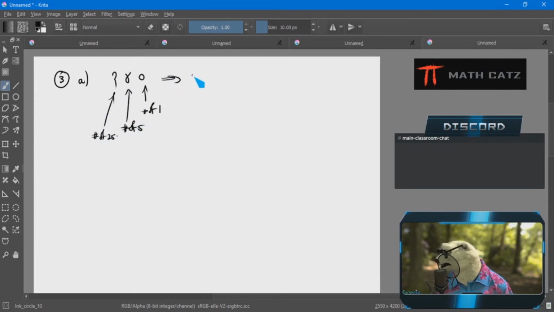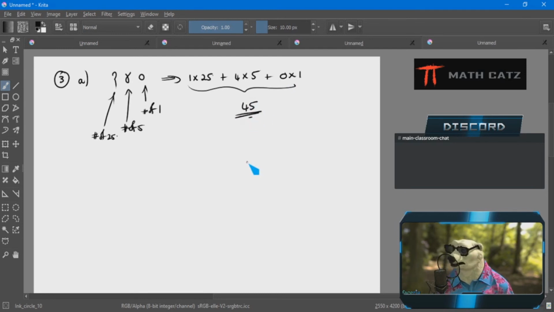So that means that I have one group of 25, because that's the one symbol, 4 groups of 5, and 0 groups of 1, giving me, use your calculator, don't use your calculator, the numbers aren't that big for most of these at least, 45, 45 in decimal, right?